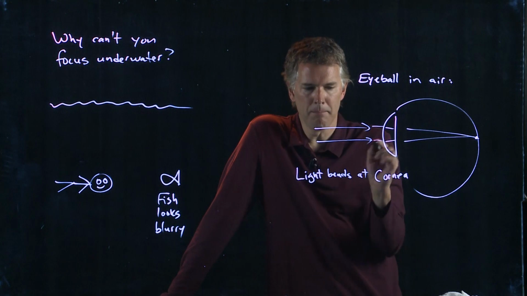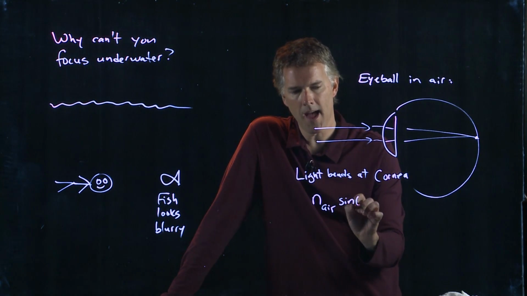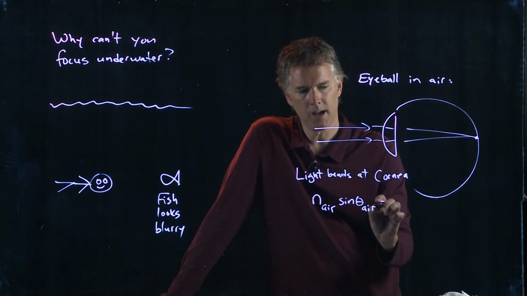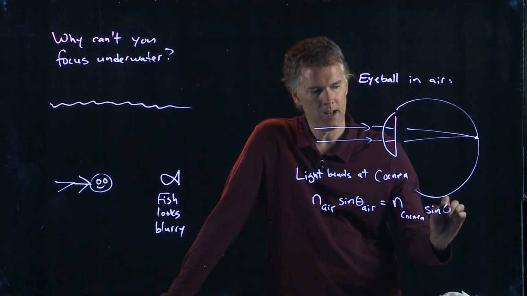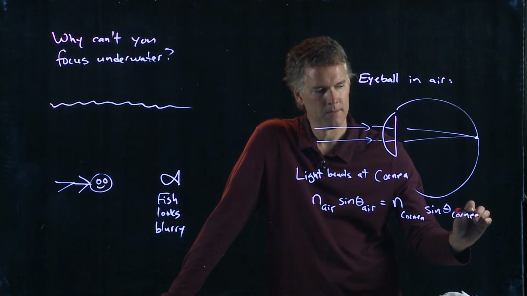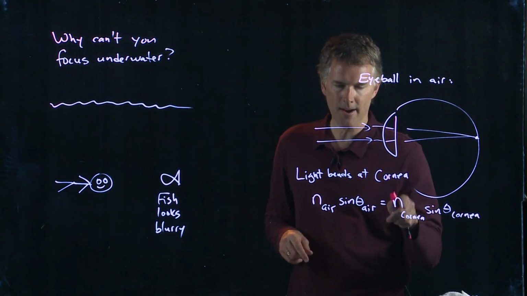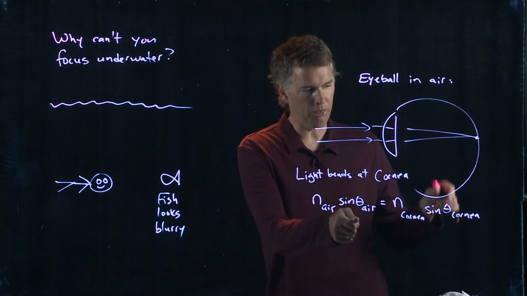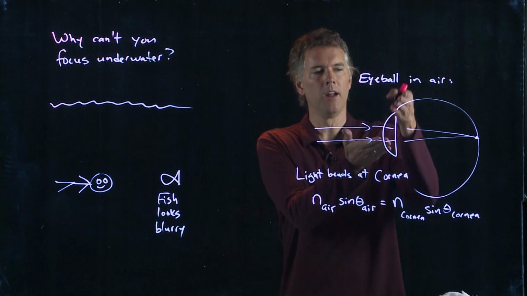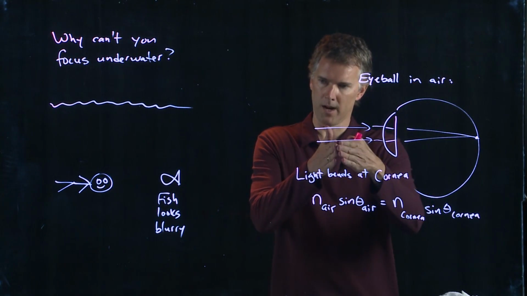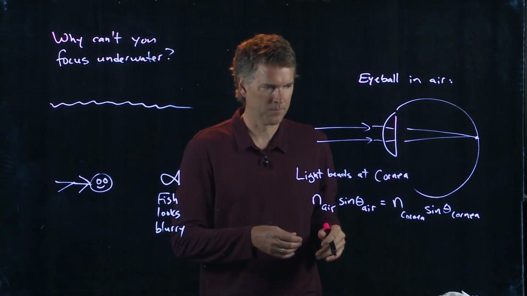It bends because Snell's law says n air sine theta air equals n cornea sine theta cornea. And there is a different index of refraction between the air and the cornea, and that means that theta has to change. It's going to bend towards the normal. Since the cornea is curved, those parallel rays will bend inward towards their relative normals.